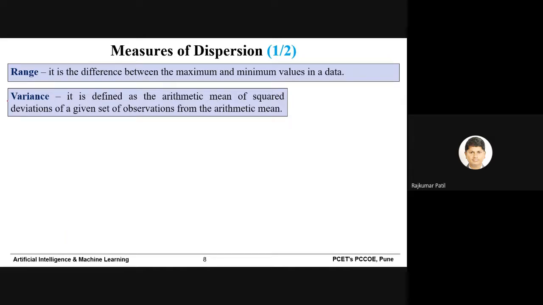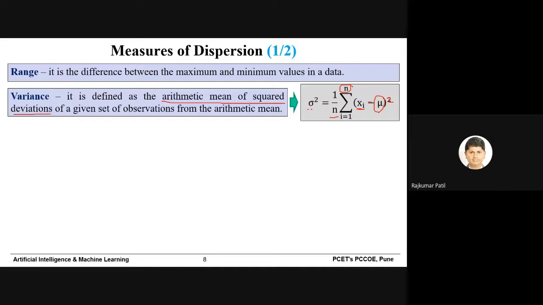Again, the second parameter that comes into the picture is variance. It is defined as the arithmetic mean of squared deviations of a given data set of observations from the arithmetic mean. So we calculate the mean. Then from each and every data point, because we have n data points, we subtract the mean value, then we take its square, and then we take its average.